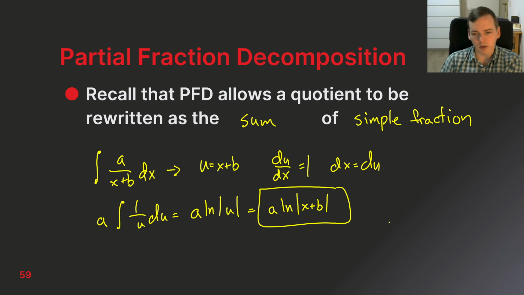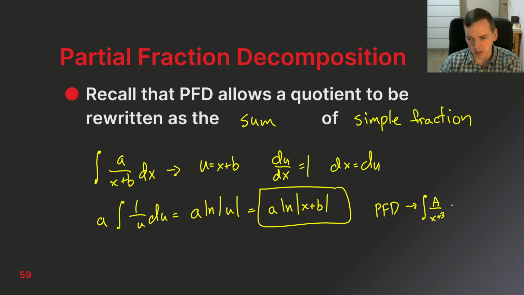So in other words, if our partial fraction decomposition results in something like the integral of a over x plus 3 plus b over x minus 2 dx, say, then we know that we'll be able to integrate this.